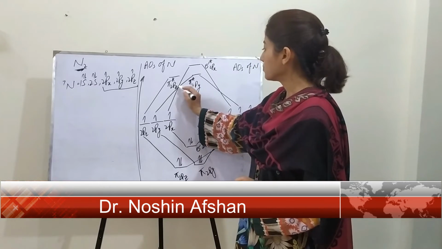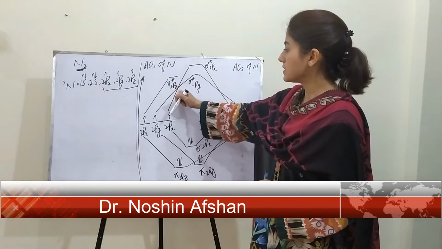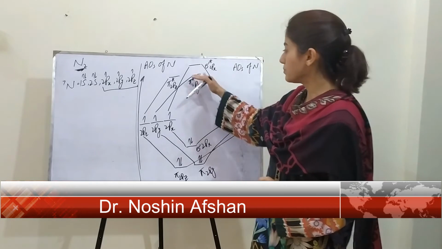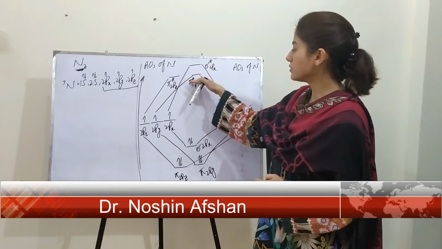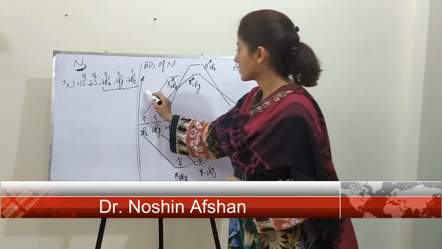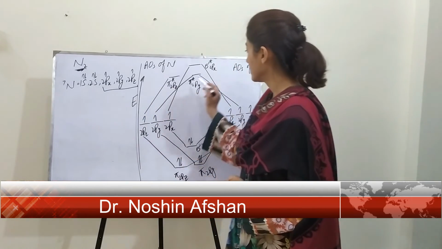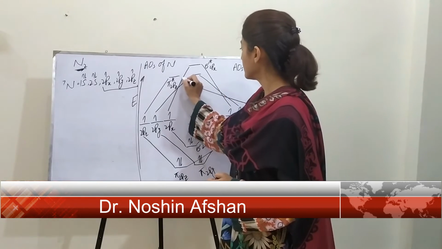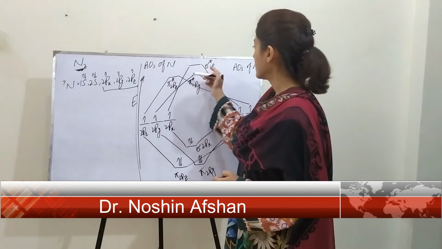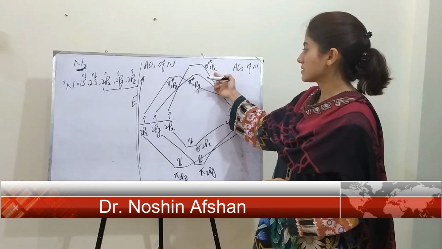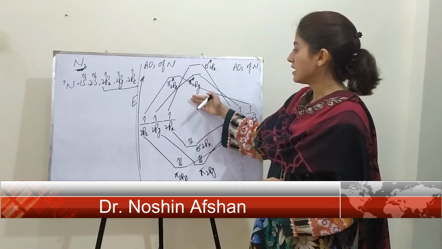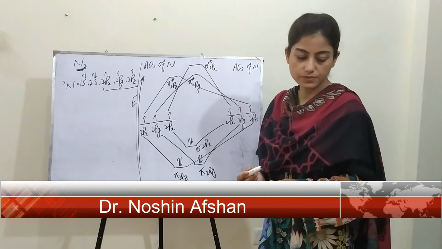These pi star 2py and pi star 2pz anti-bonding molecular orbitals would be at equal energy level. This is energy level. This would lie at the same energy level, but the sigma star 2px antibonding molecular orbital would be at higher energy level as compared to all of the others.